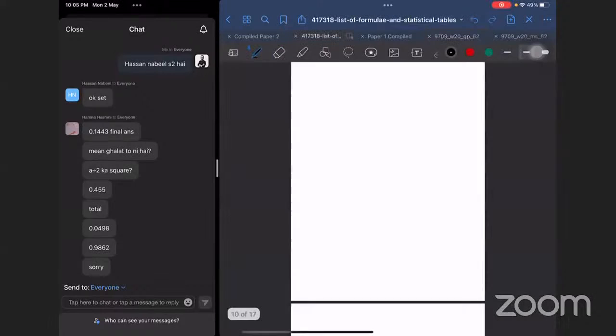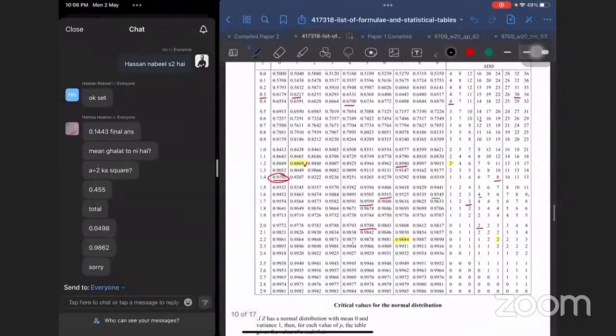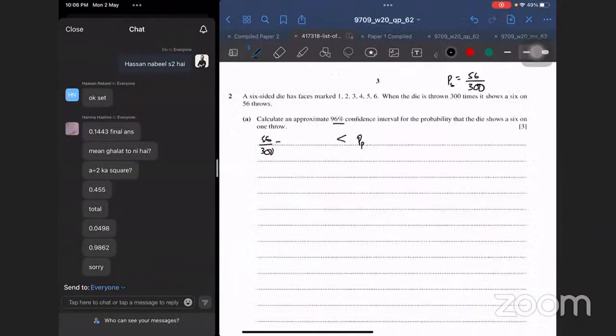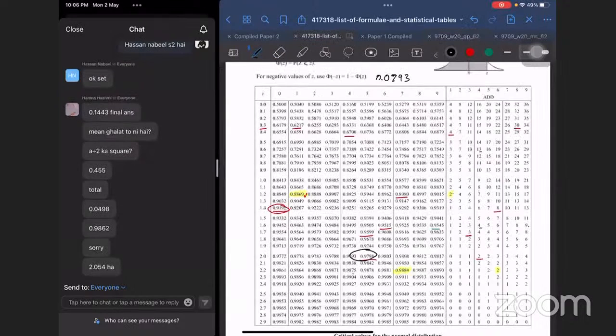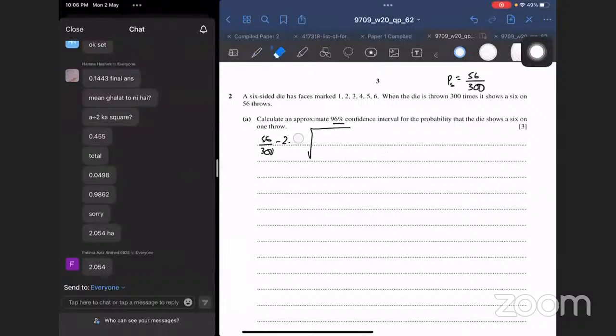96% confidence interval. So I will treat it as 98%, and 98% is not directly available. So what I will have to do is take this 0.98 and then 2.04. And then inside the root. Sorry, I missed something, 0.54. Okay. 56 out of 300 or 244 out of 300 over 300.